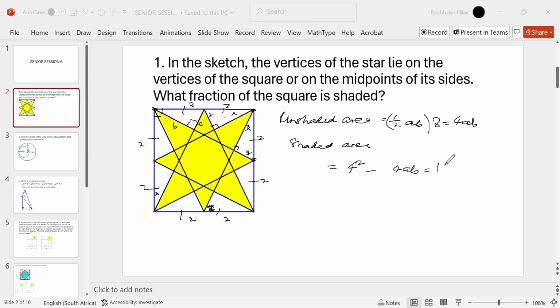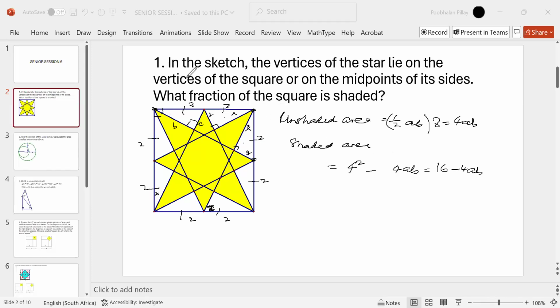So, okay, now we need to work out what is AB. Right? So that's the shaded area.